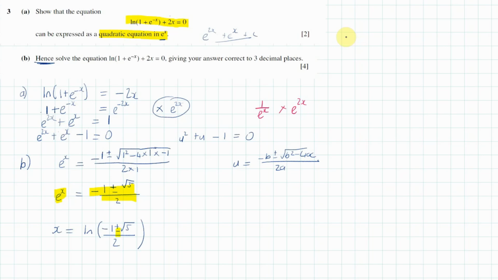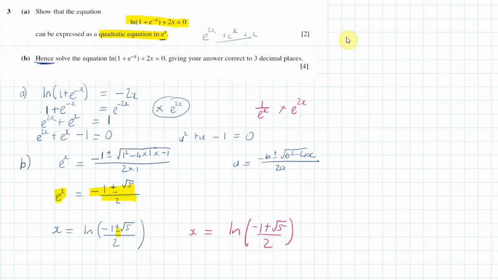So I'm going to say let's not use that. I'm going to say that x is equal to ln of (minus 1 plus square root 5) all over 2. And when we pop this into our calculator, what do we get?